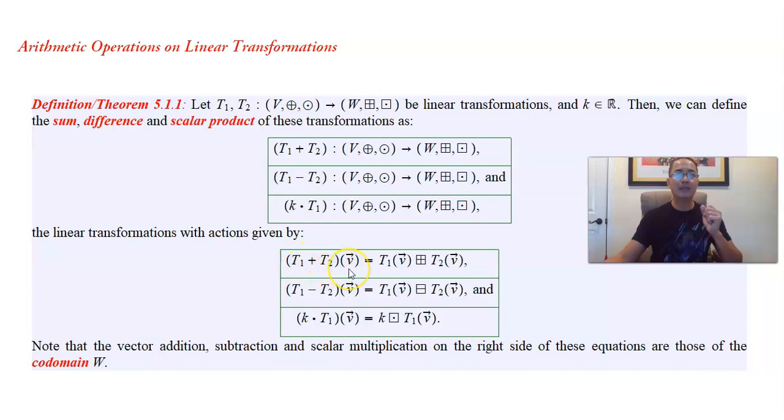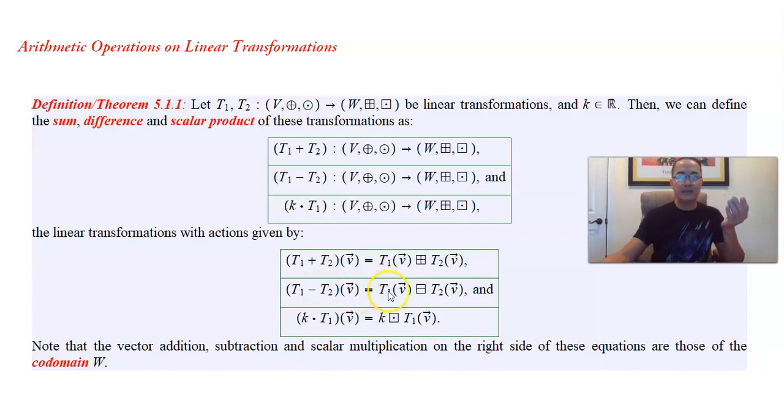What is T1 plus T2 evaluated at V? We just take T1 of V and T2 of V. Those are now in W, so you add them together under the addition of W. But as usual, we can just write this as plus, if you know what addition is referring to.